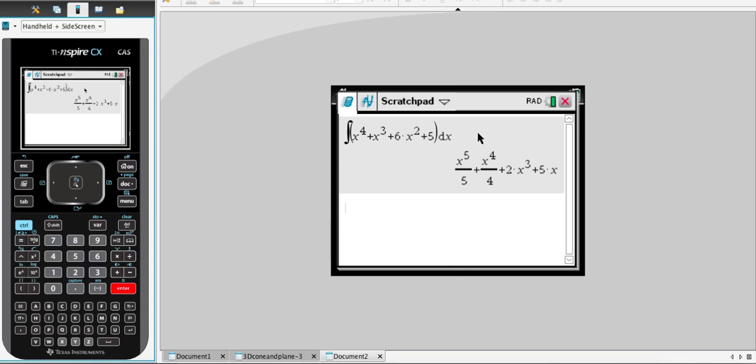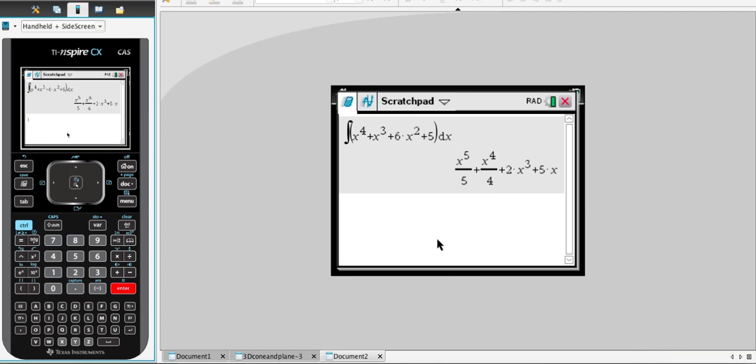If you press enter, it gives you this, which is the antiderivative or the indefinite integral function, which is x to the 5 over 5 plus x to the 4 over 4 plus 2 times x cubed plus 5 times x. And if you're doing this on a test, don't forget to add c.